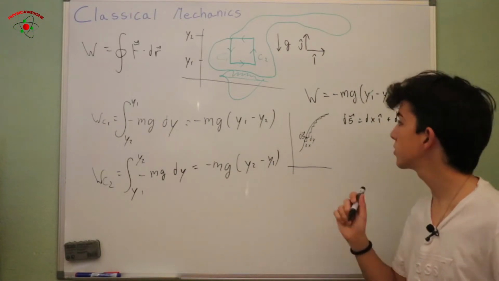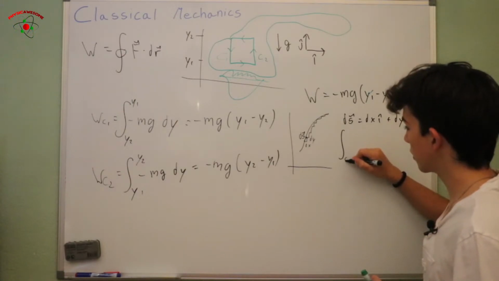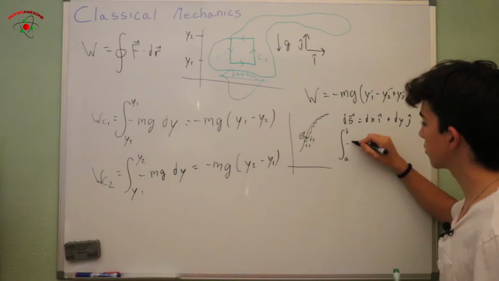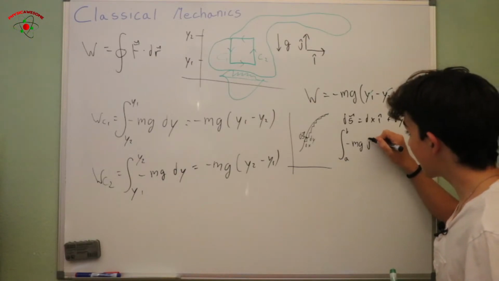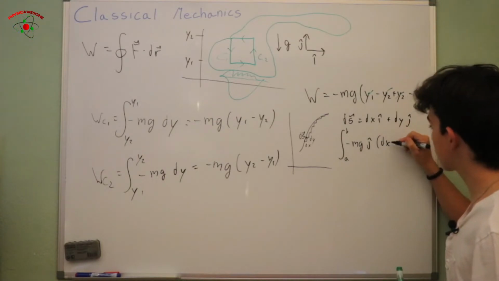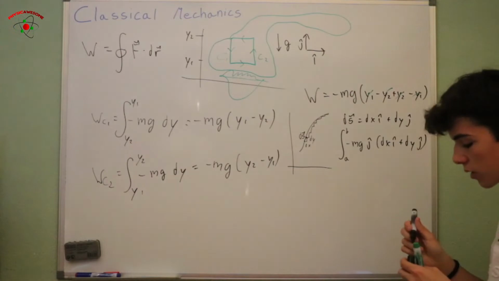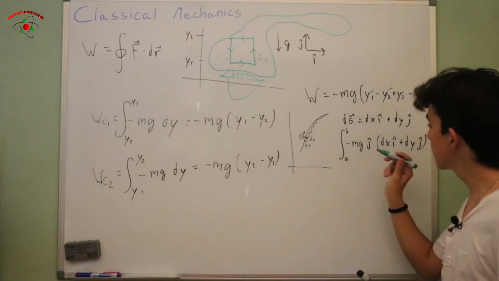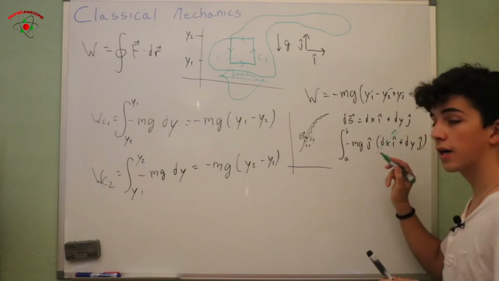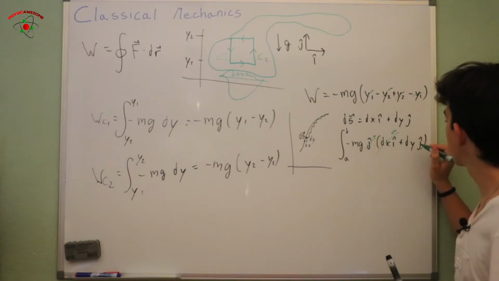In our equation, from point A to B, the force, which is minus mg j hat, times that ds, which is dx i hat plus dy j hat. We see that j hat dot i hat is 0, and j hat dot j hat is 1.